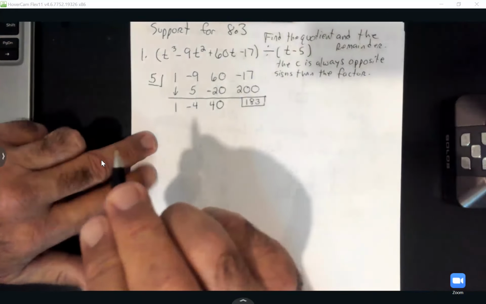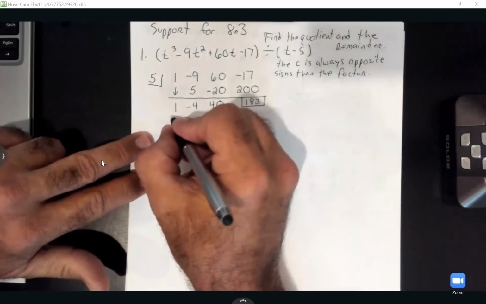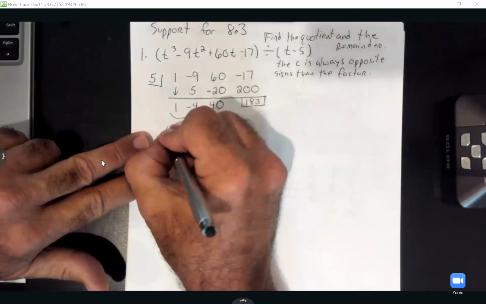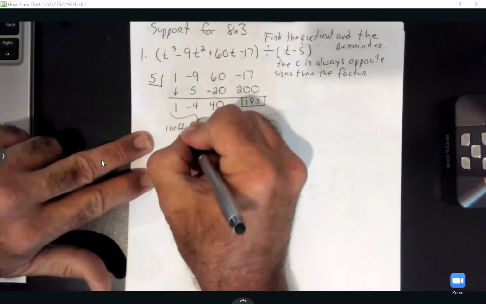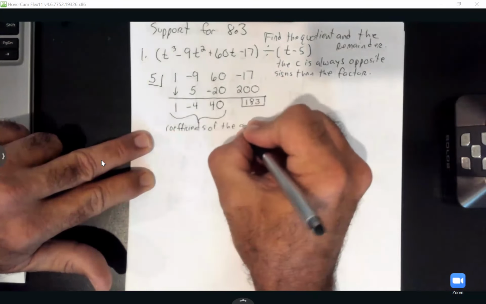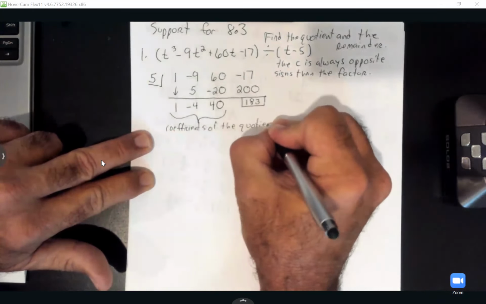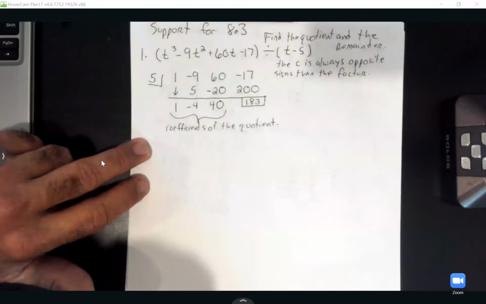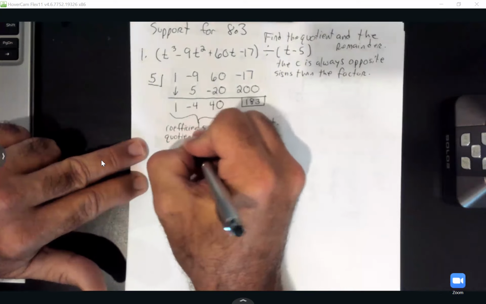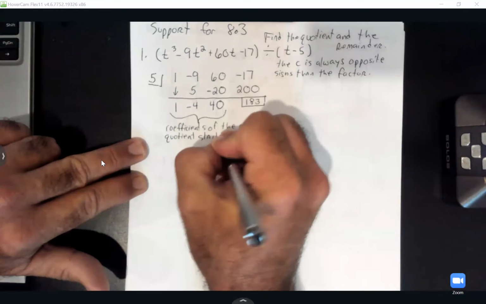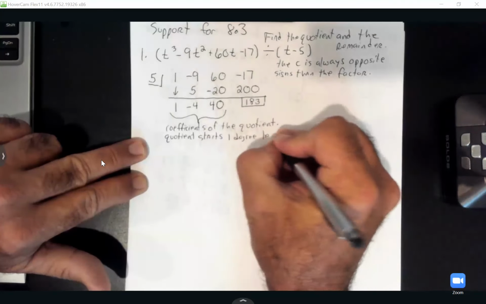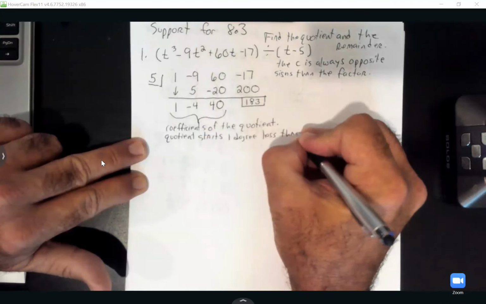183. Now, these first three numbers here, these are the coefficients of the quotient. And here's another thing. The quotient starts 1 degree less than the original.